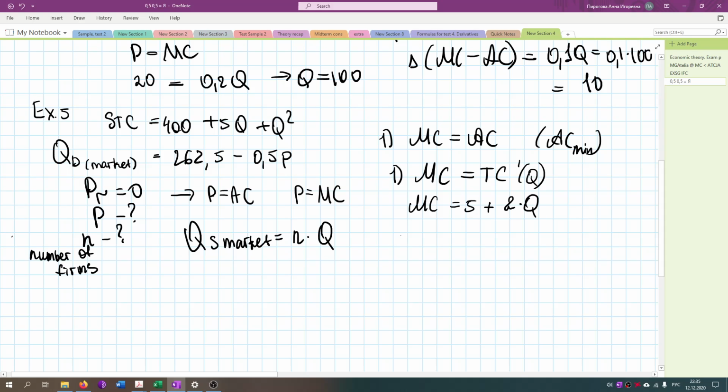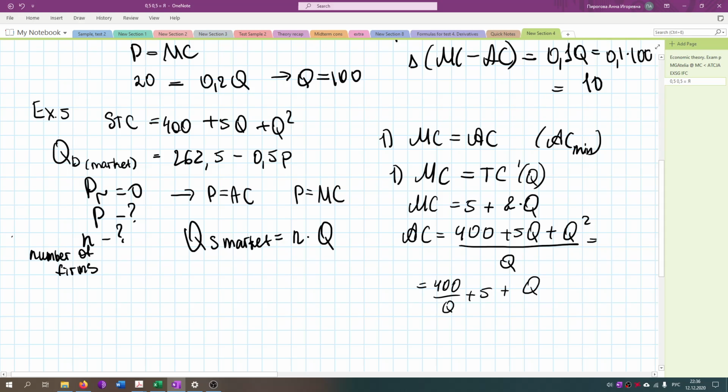And our average cost is equal to 400 plus 5q plus q squared divided by q. So it is 400 divided by q plus 5 plus q.